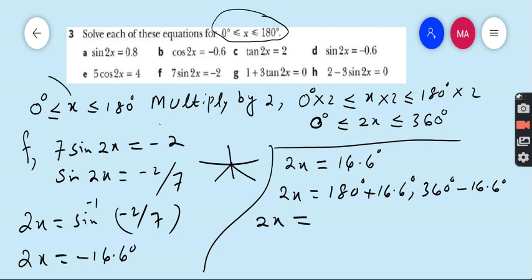Hence 2x is equal to 180 plus 16.6, which is 196.6, and 360 minus 16.6, which is 343.4.